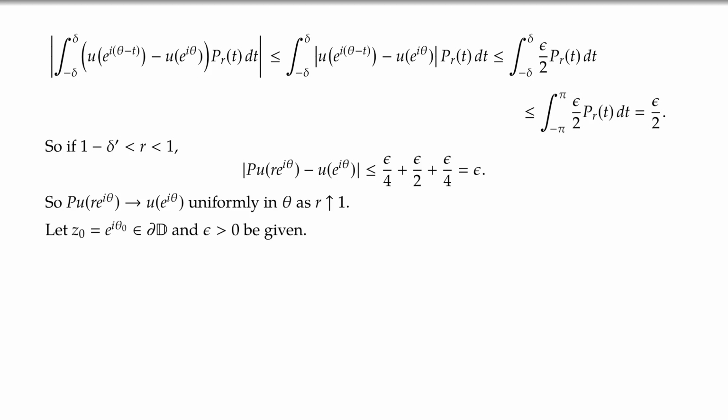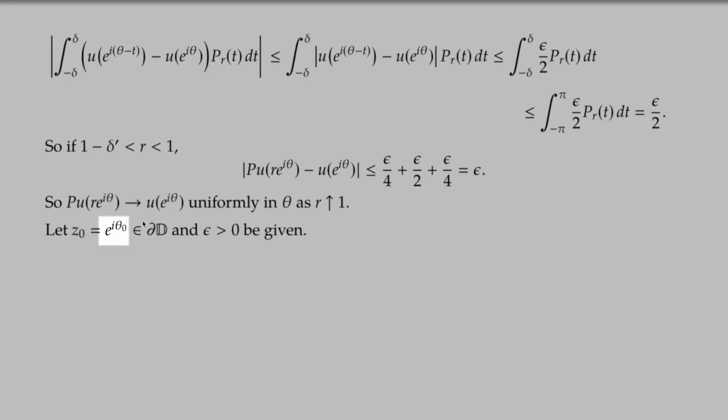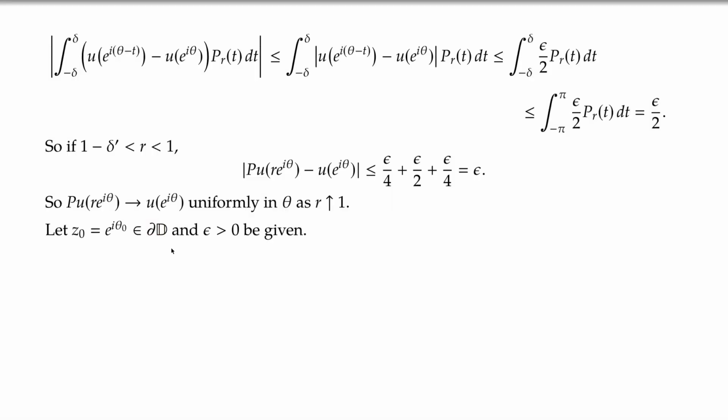So to prove continuity, let z naught be e^{i theta naught}, some point on the circle, and let epsilon be given.